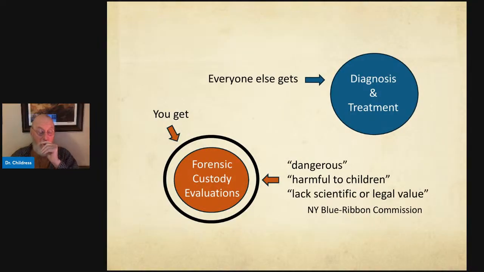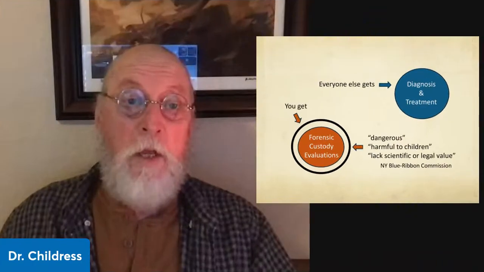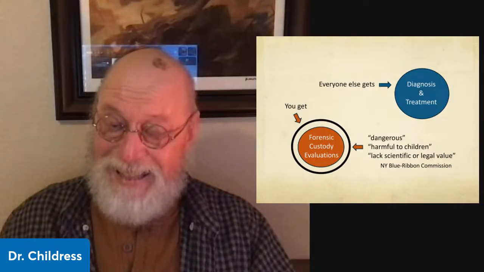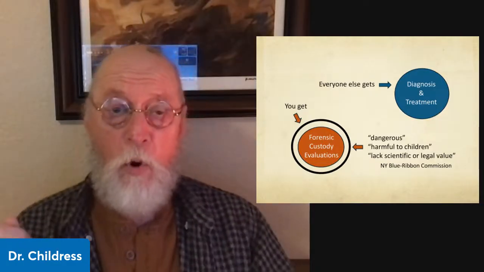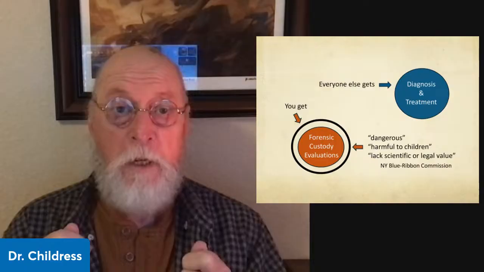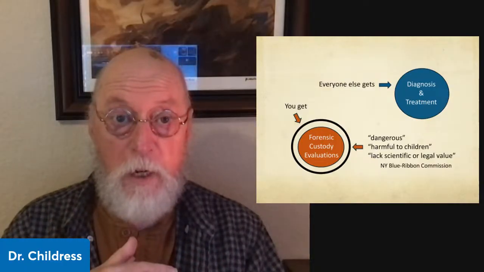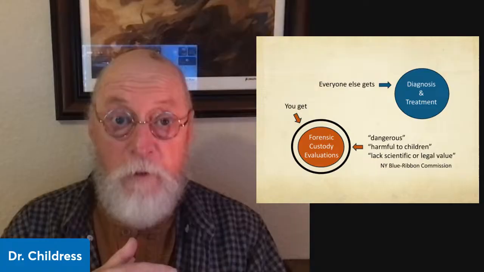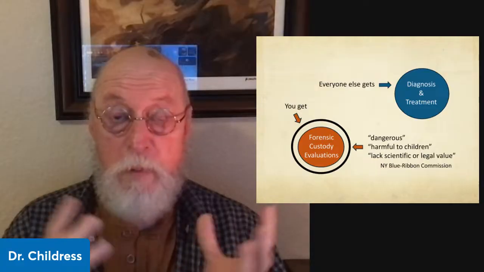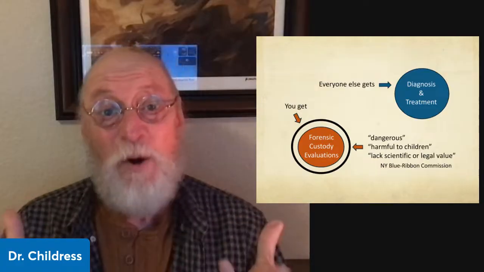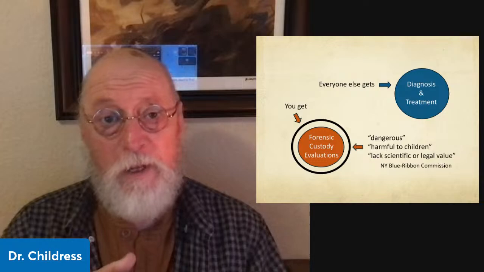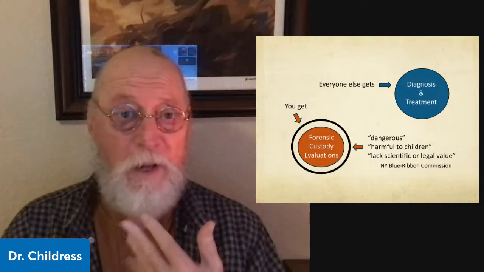So now the problem is, though, you're not going to be able to get that. The court can order it, you can want it, but the mental health people in the family courts, your forensic psychologists, they won't give it to you. They won't meet the court's needs because they don't know how, basically. They're ignorant, incompetent, unethical.